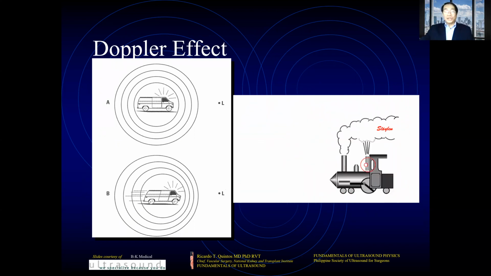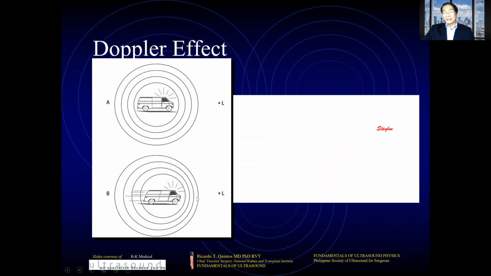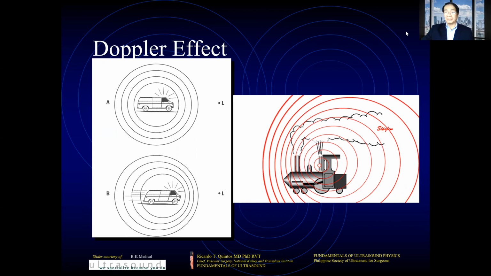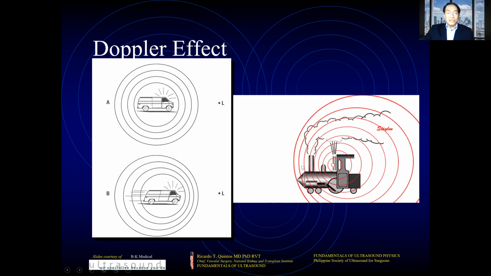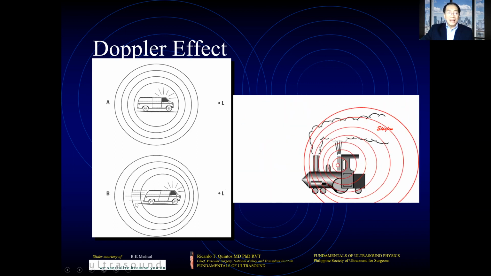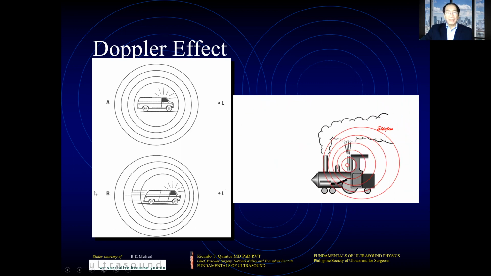So if the source is moving, it will tend to compress the sound waves ahead of it because of its velocity. If there is a compression of the sound waves in front of the moving object, then the frequency of the sound in front of the object is higher than the frequency of the sound at the rear of the object.